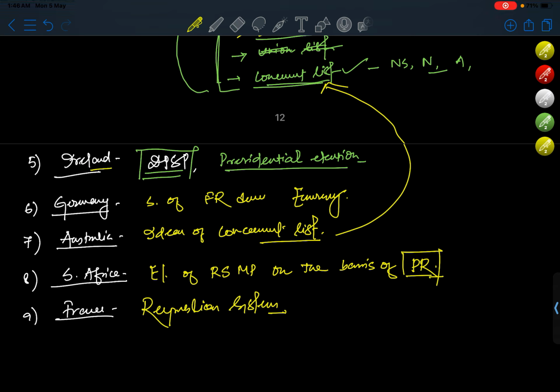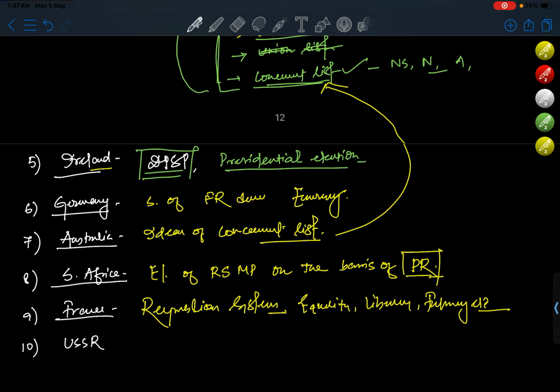But in Britain, the head of the state is hereditary. Next, principles of liberty, equality, fraternity, etc. This concept has been taken from France.